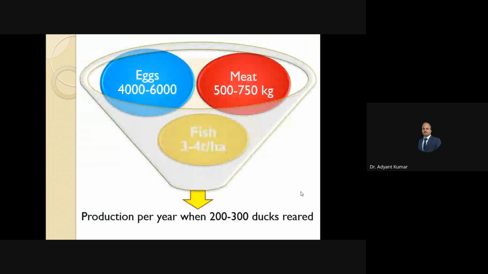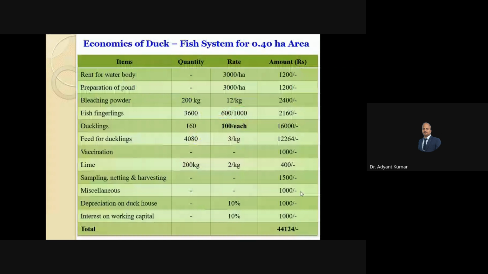When we go for the production, about 4,000 to 6,000 eggs per year and 500 to 750 kg meat, as well as 3 to 4 tons of fish per hectare will be harvested.